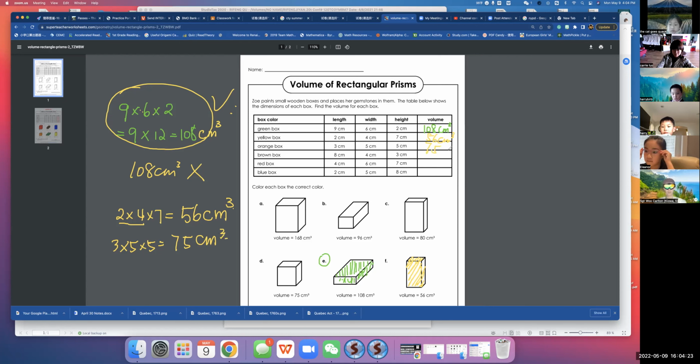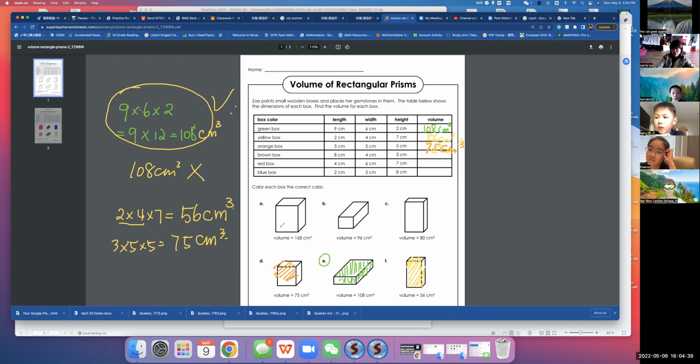Oh, I forgot to say, 75 centimeters cubed. Okay, so this is the orange color. Brandon, can you tell me where the orange color is? D.